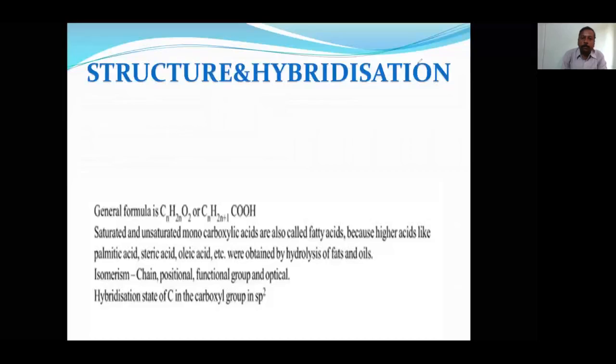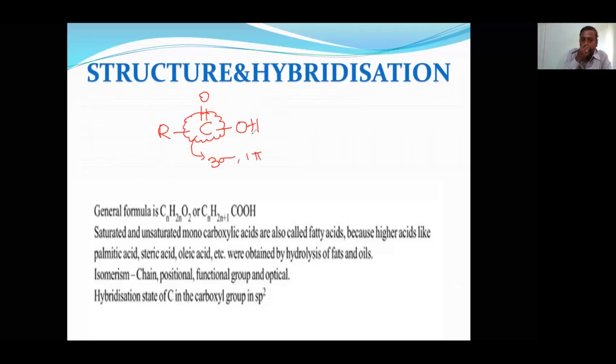Okay, next one is structure and hybridization of the carboxylic group. See here, R, C double bond O, and this is OH. If you compare here, this carbon is connected to three sigma bonds and one pi bond.